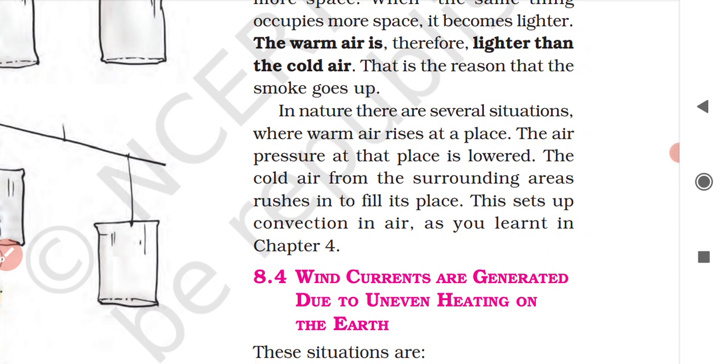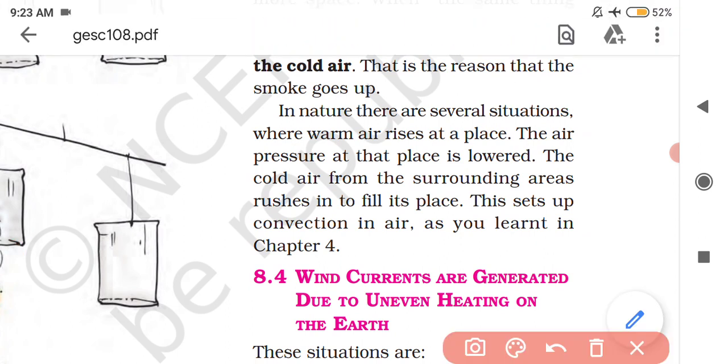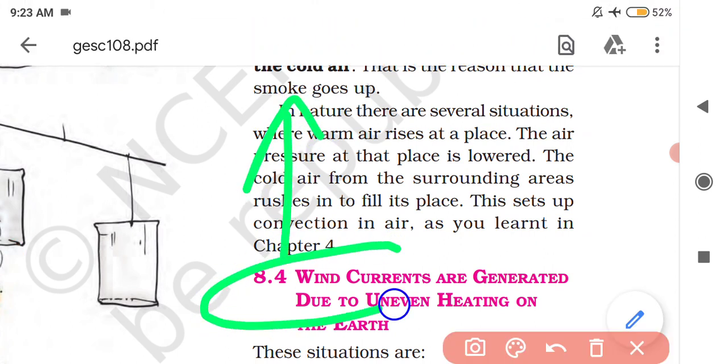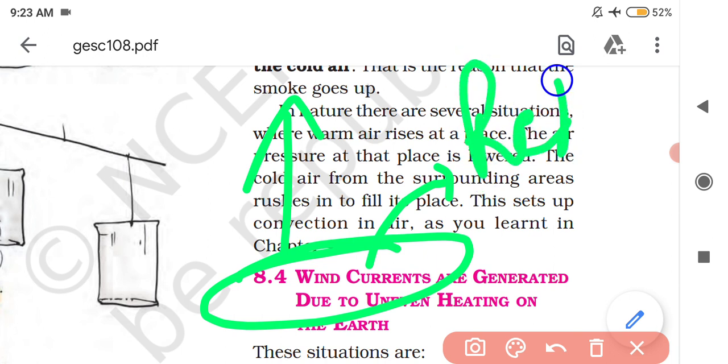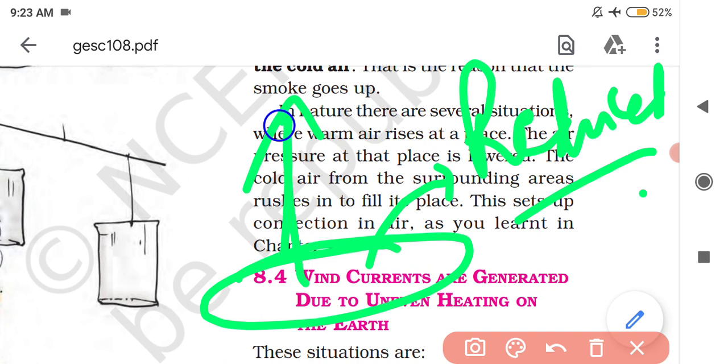So when air at a place gets heated and rises up, then the pressure at that place is lowered or reduced. When the air rises up, the pressure in this region will get reduced because the hot air rises.